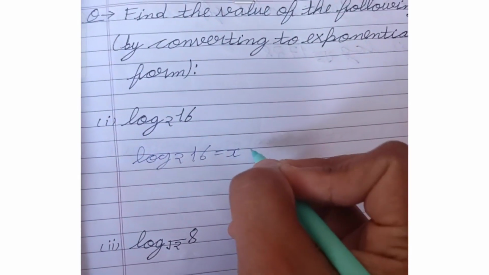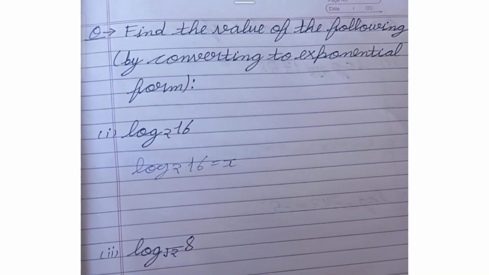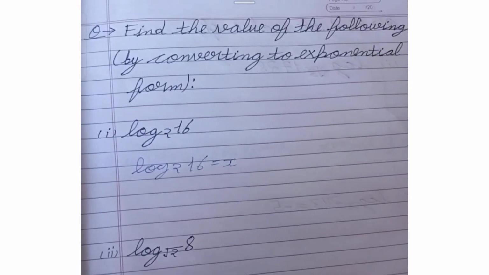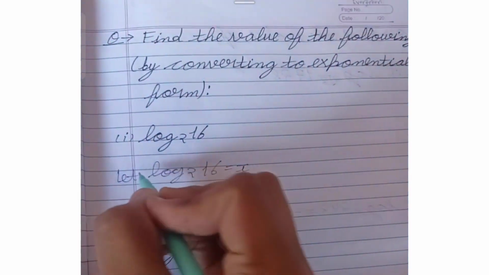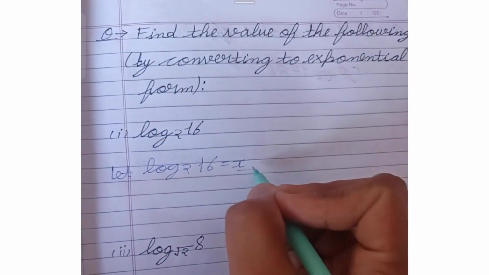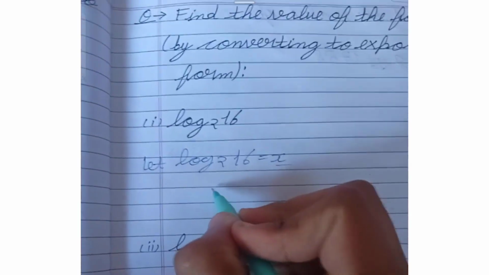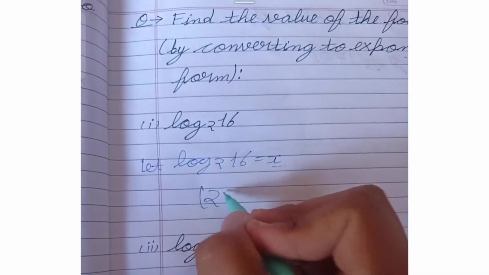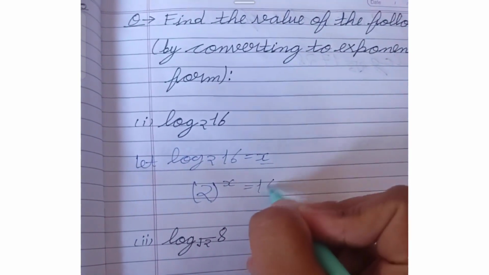Let x be the value we want to find. Now we convert it into exponential form: this 2 is written here and the power of this 2 is x, equal to 16.